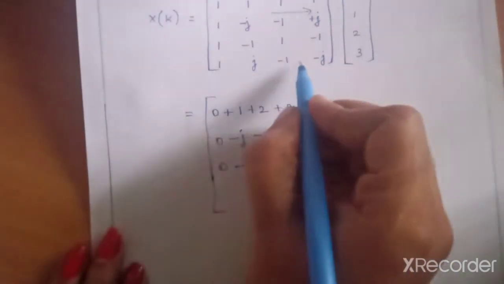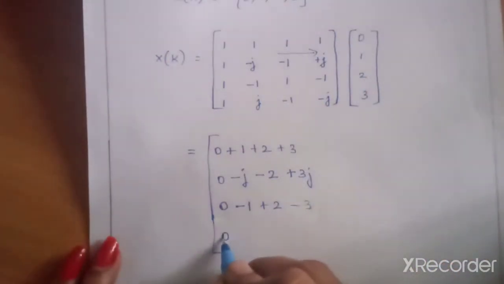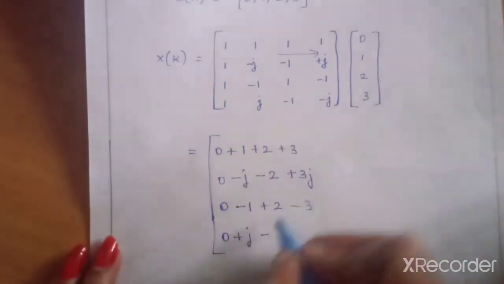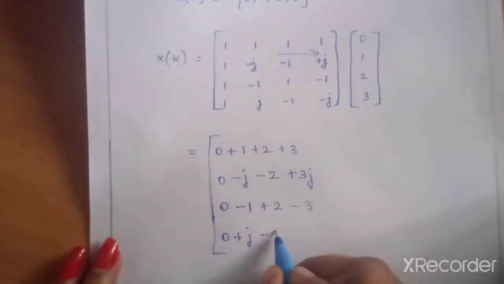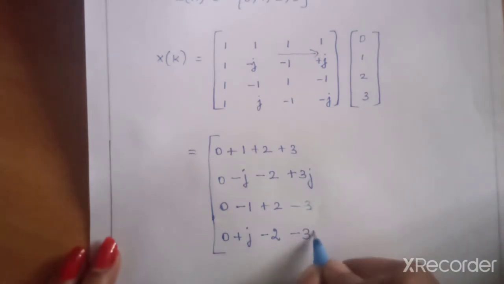In the fourth row we have to multiply this with the column. So 1 into 0, 0, plus j into 1, j, minus 1 into 2, minus 2, and minus j into 3, minus 3j.